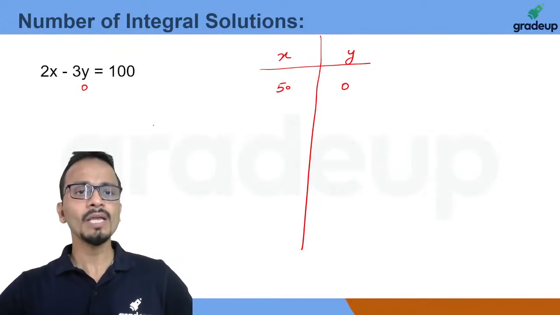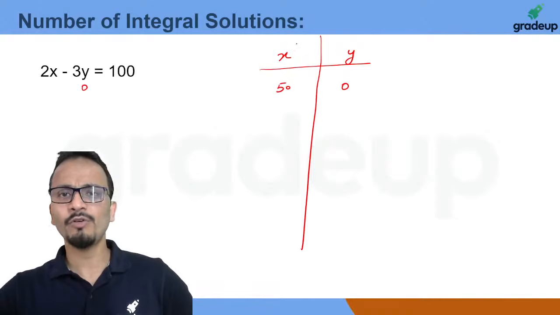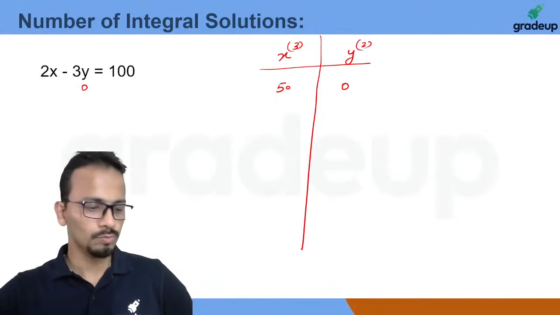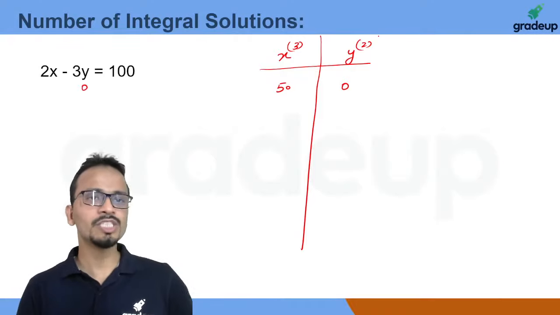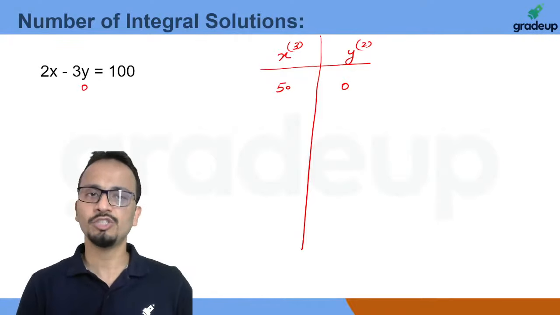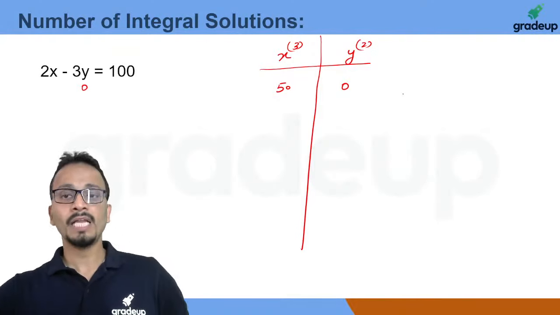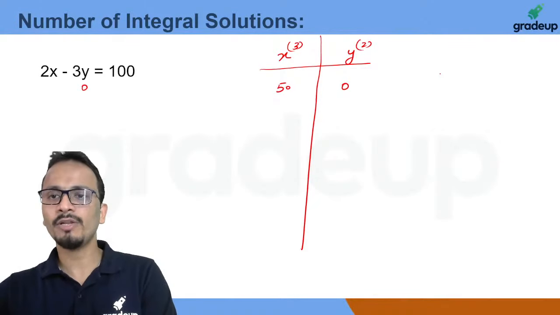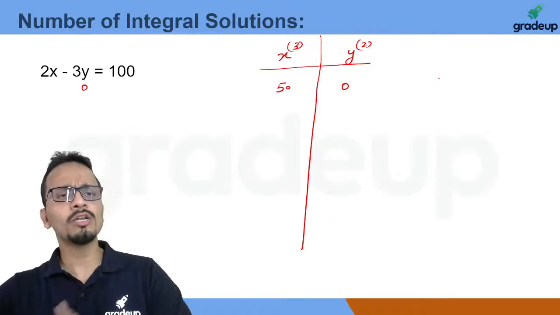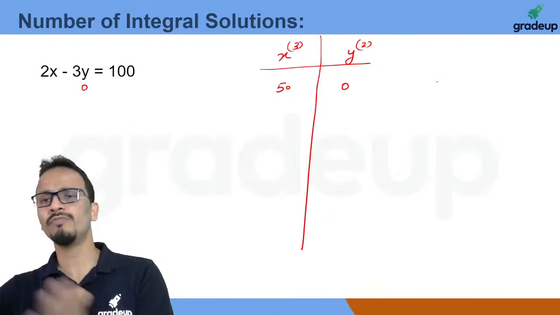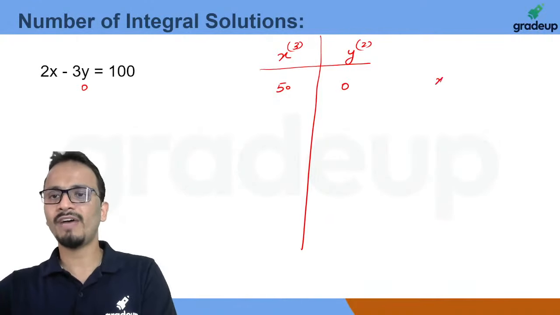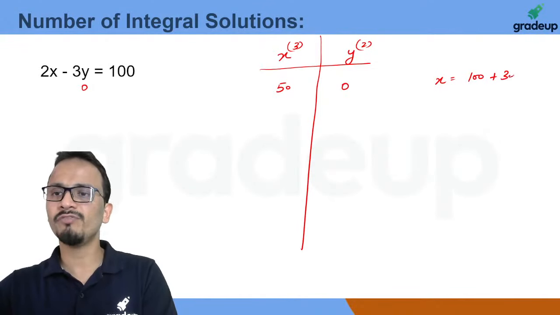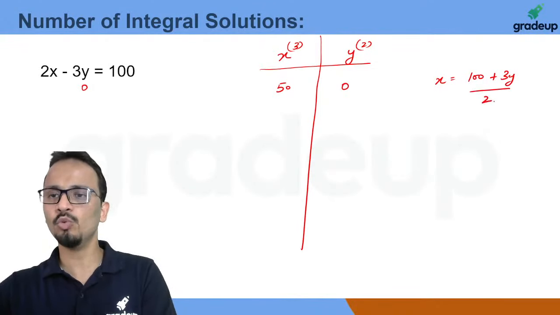Now again, I can say that the value of x will change by 3 when the value of y changes by 2. Now we have to see the nature of these changes. So again, I'll write the value of x in terms of the other variable: x equals (100 plus 3y) divided by 2.